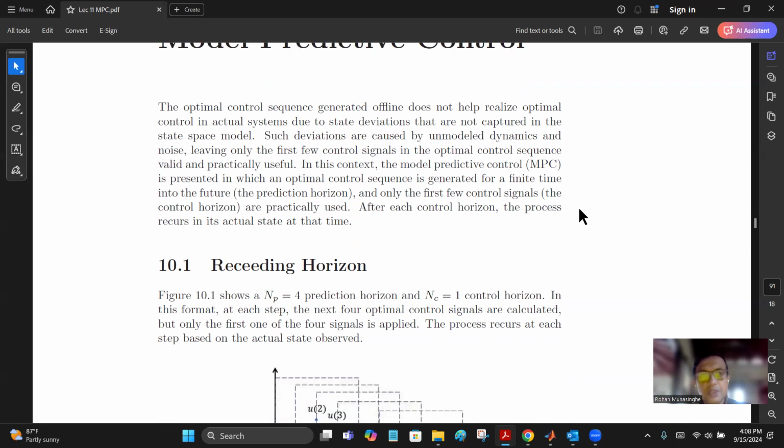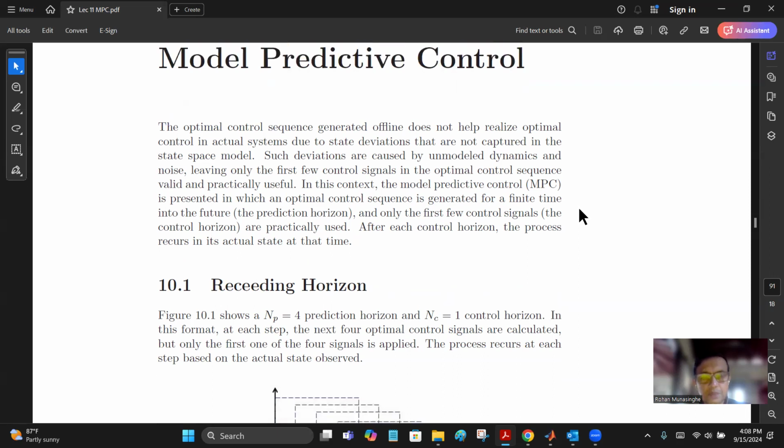Now, additional information: model predictive control was initially developed in the oil industry, where a huge amount of energy is used, and they were the first people who were really serious about optimizing energy consumption.